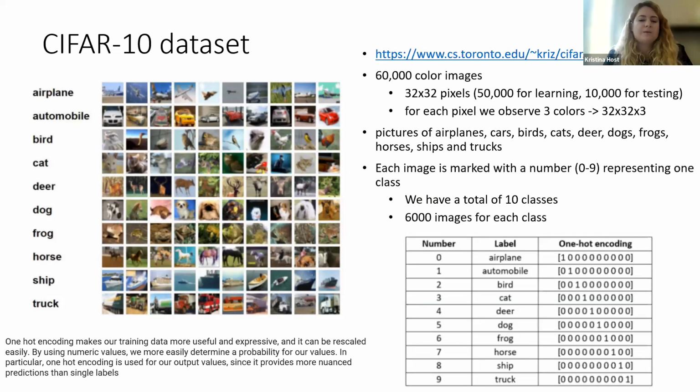Each image is marked with a number from 0 to 9, representing one class, so we have a total of 10 classes, 6,000 images for each class. We will use one-hot encoding because it makes our training data more useful and expressive, and it can be rescaled easily. So this is the dataset we are working with.